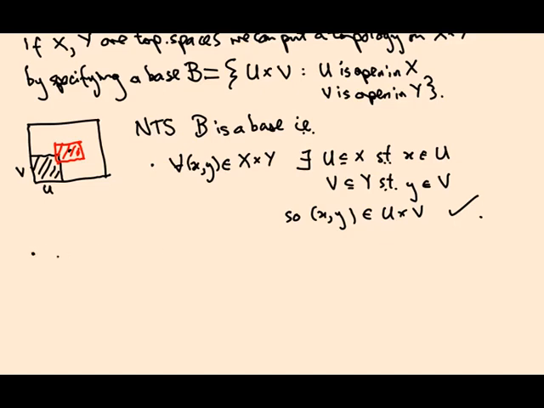And we need to check that if we have u1 times v1 and u2 times v2, these basic open sets, then their intersection is a union of basic open sets.